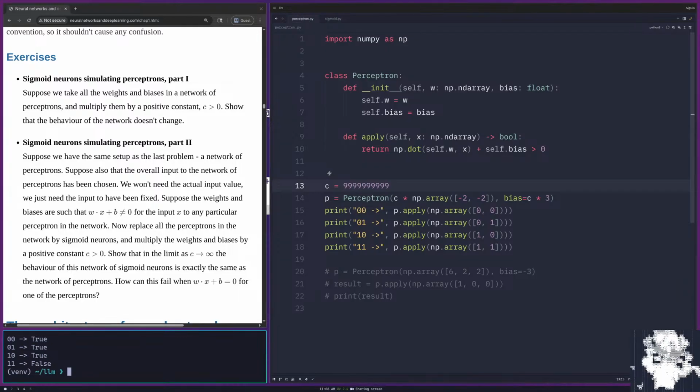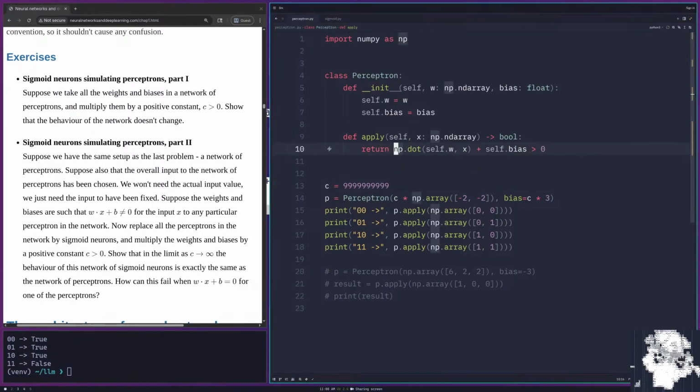Why is that? Well, it's because the constant is going to be on both sides of this thing, right? So if you multiply all of the weights, then you can extract the constant.